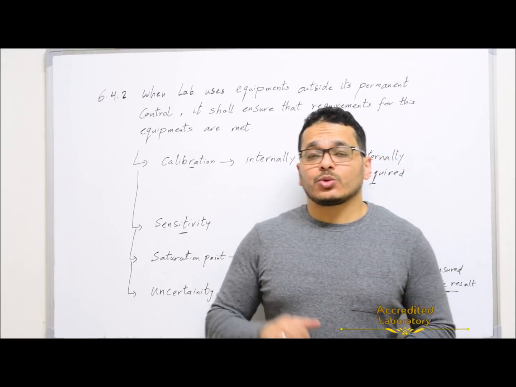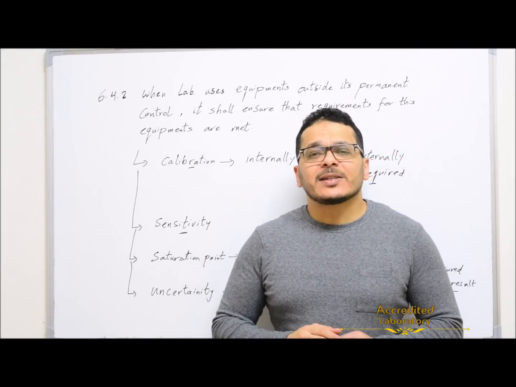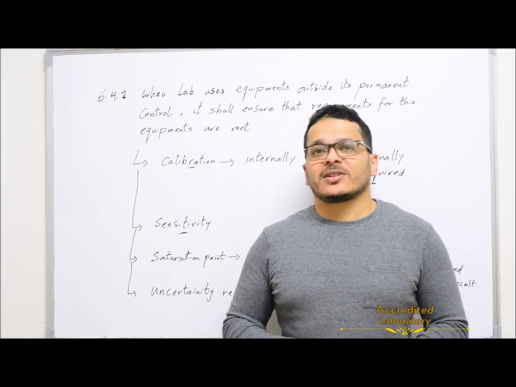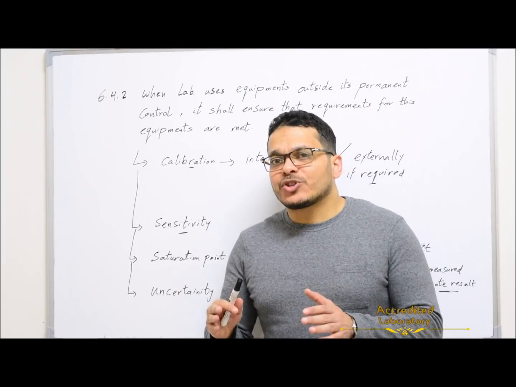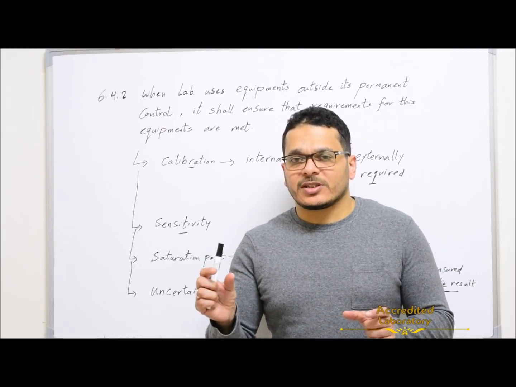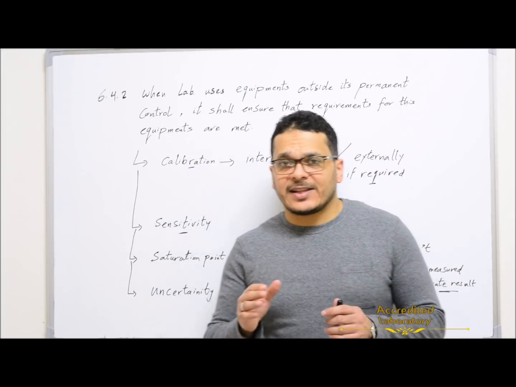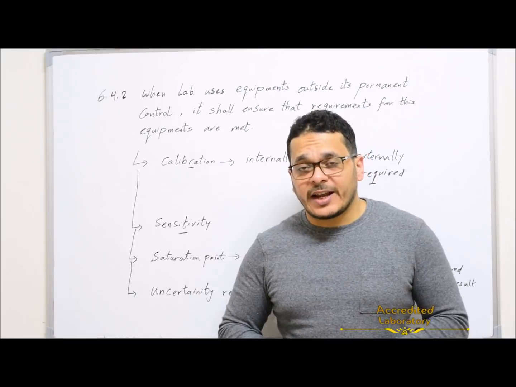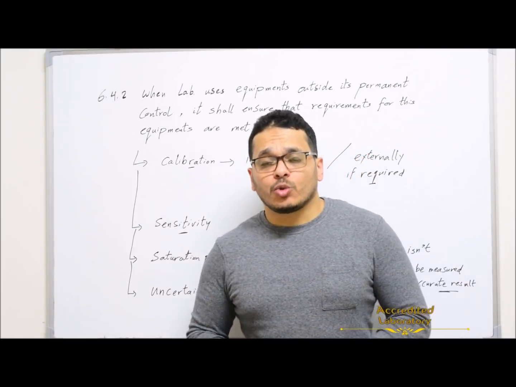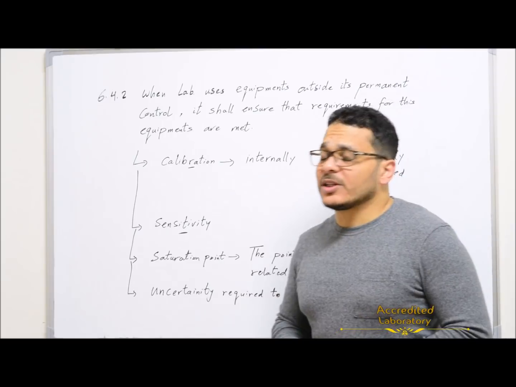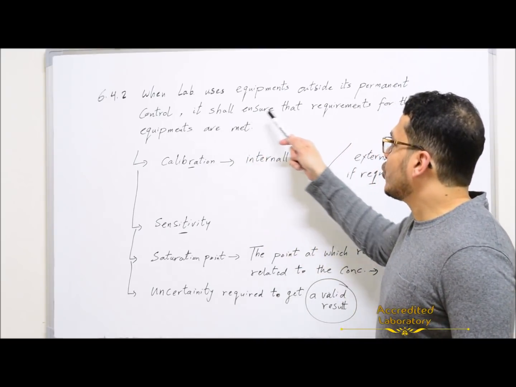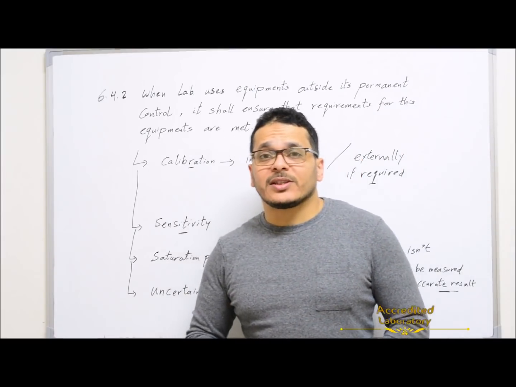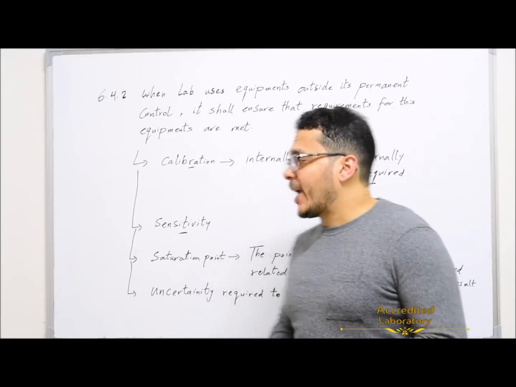After that, when the lab uses equipments outside its permanent control. Outside its permanent control means if the lab has a problem with the instrument that is required to analyze specific parameters, and the lab shall analyze these parameters for the customer, in this case, until the problem is solved, the lab shall make a subcontract with another lab which is able to analyze these specific parameters, but it shall ensure that requirements for this equipment or this instrument are met, such as calibration.